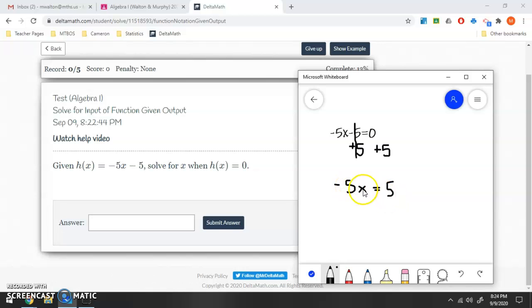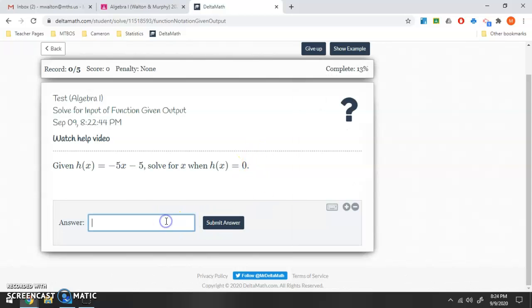And then last step here, this is multiplication, so we're going to divide by negative 5. Same thing over here, divide by negative 5. And when we do that, 5 divided by negative 5 is negative 1. So my final answer is x equals negative 1. So that is the input that is going to give me an output of 0.